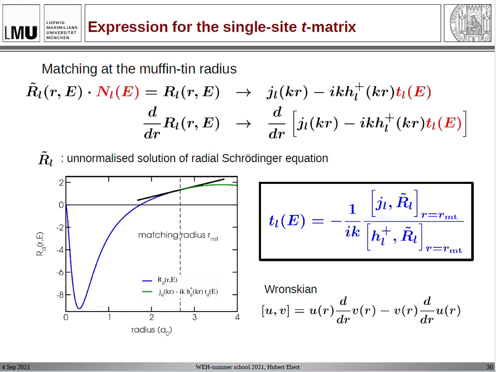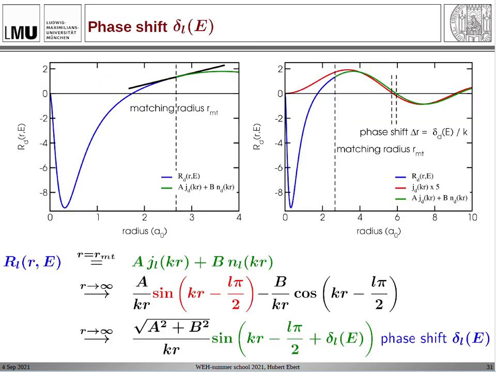And another way to see this matching is that on the one hand side, you have seen we can deduce the T matrix from that requirement to have smooth matching of the solution inside and outside. But we can compare now that asymptotic solution to the solution you would get if there is no potential.